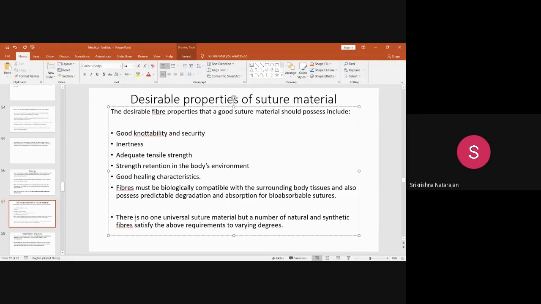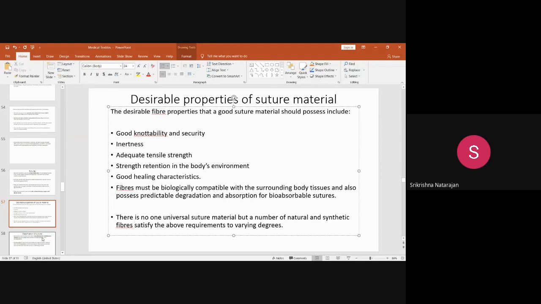The degrees will vary. Some fibers may have good knottability and may not be inert. Some fibers may have inadequate tensile strength, but may have good healing characteristics. Like that, to varying degrees, these sutures, whether natural or synthetic fibers, will satisfy the requirements.